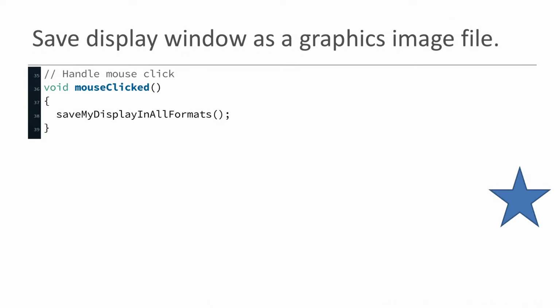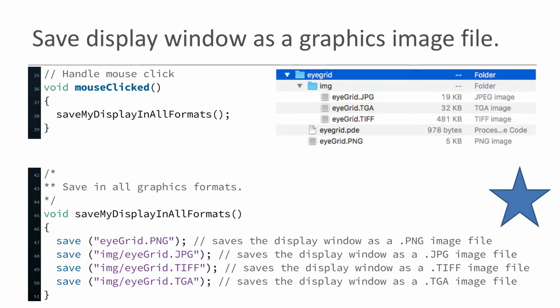We have the mouse clicked. I called my own method, and then in that method, I can define what I want to have happen. So I've just shown you how to save an image as a PNG. And then I've also saved it in JPEG, TIFF, and Targa. All of these are graphics file formats that are used in computing.